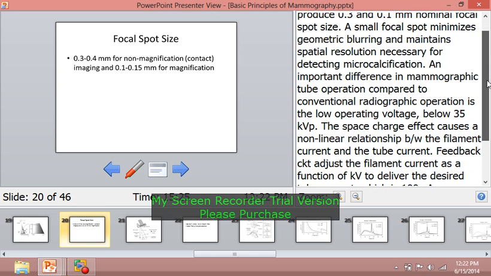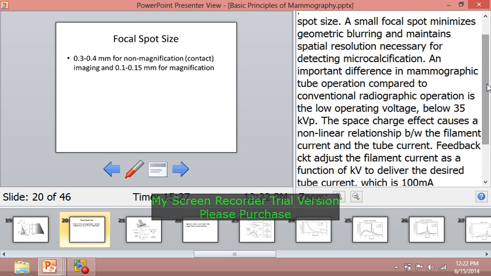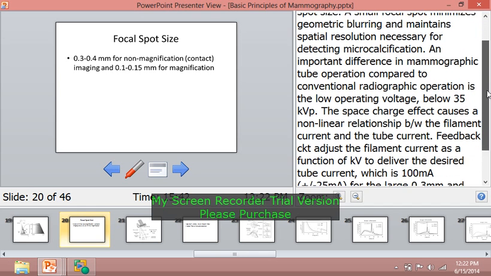And it is very important that the medical physicist designs the focal spot for the best, excellent image of the X-ray film, that is the mammographic film.